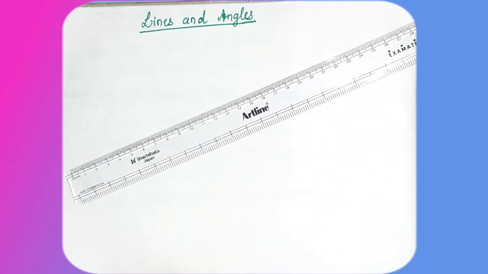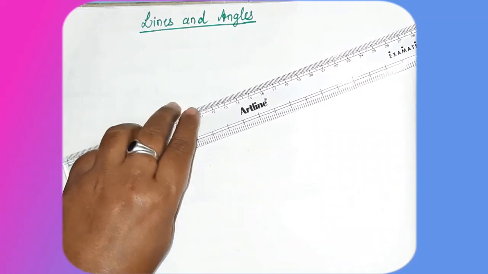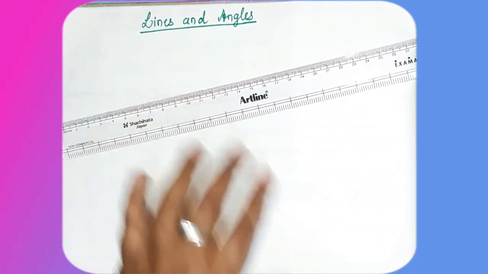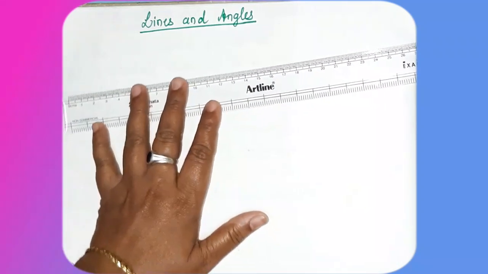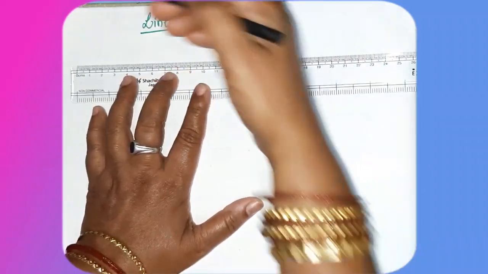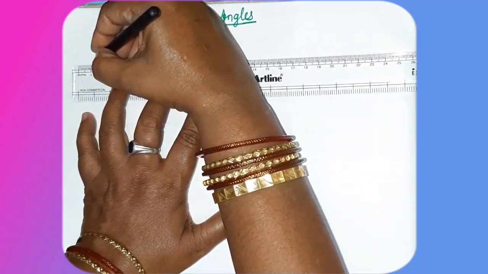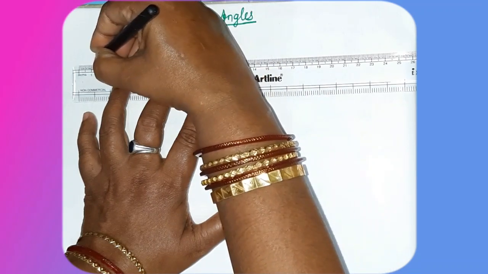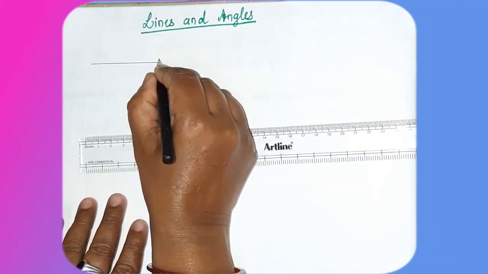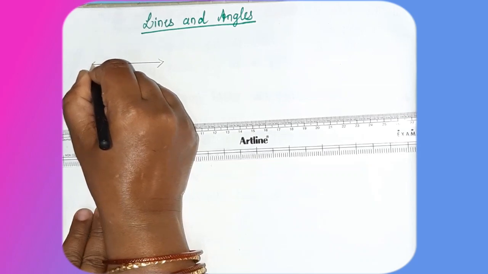Now, I am going to make you get the difference between lines and rays, and also line segment. See here, I will draw and show you these three kinds of lines. First one is line, or this may be a straight line also.